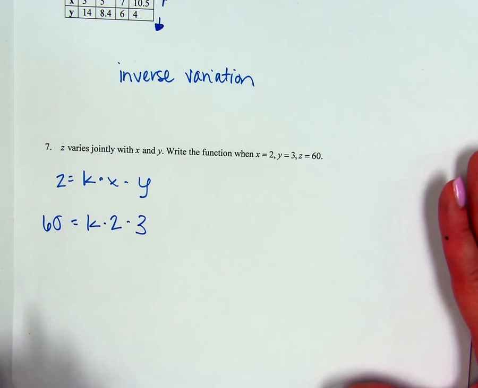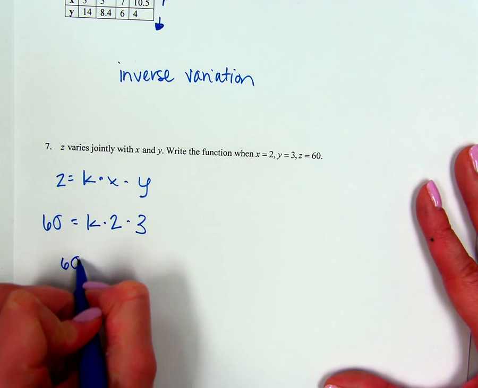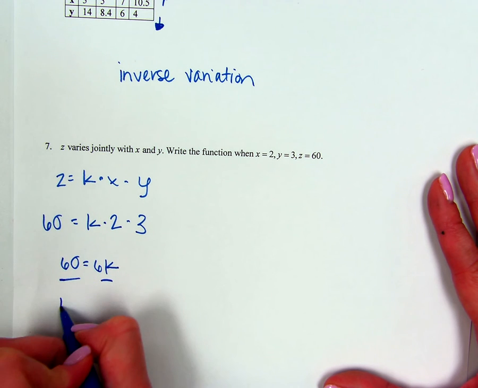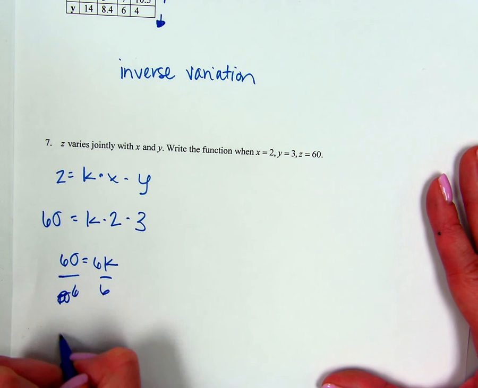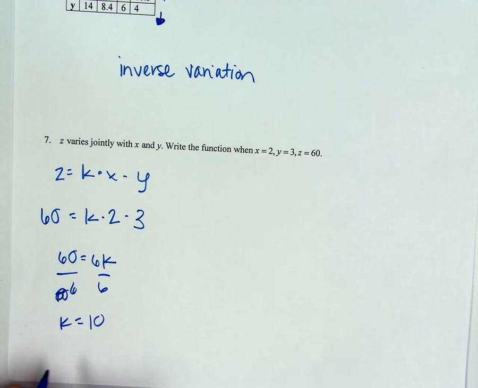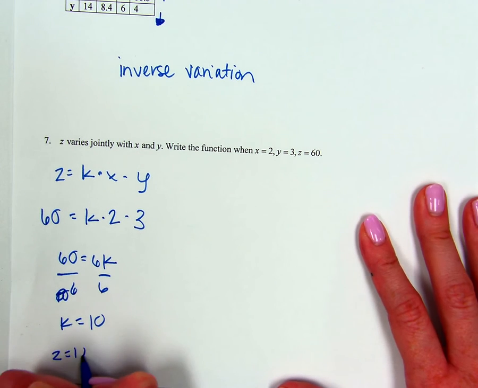So that ends up being 60 equals 6k. So we'll divide both sides by 6, and then we get k equals 10. So k equals 10, so we would write z equals 10xy.